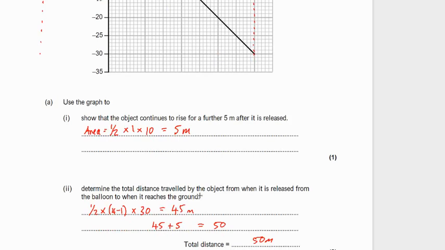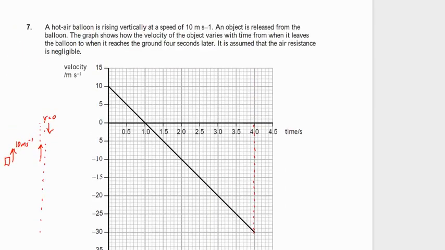Determine the total distance traveled by the object from when it's released from the balloon to when it reaches the ground. So here we know that the object reaches the ground at this point after 4 seconds. The graph shows how the velocity of the object varies with time from when it leaves the balloon to when it reaches the ground.